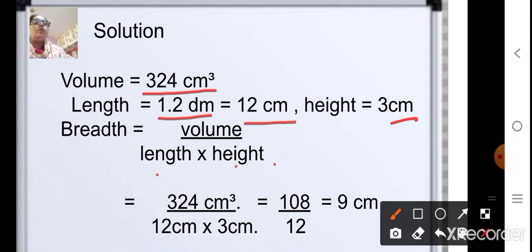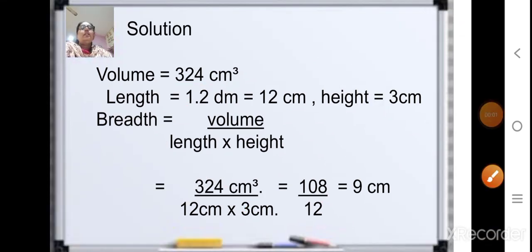So when you divide this 324 by 3, you will get 108 centimeter cube upon 12 centimeter square. So when you divide this 108 by 12, that will be 9. Okay, so that is 9 centimeter.